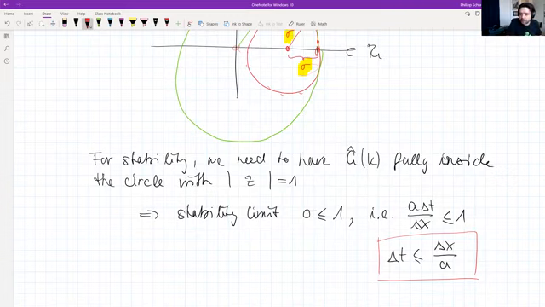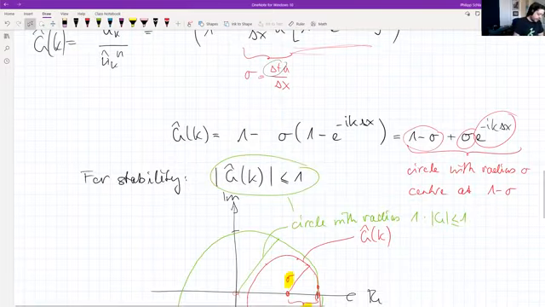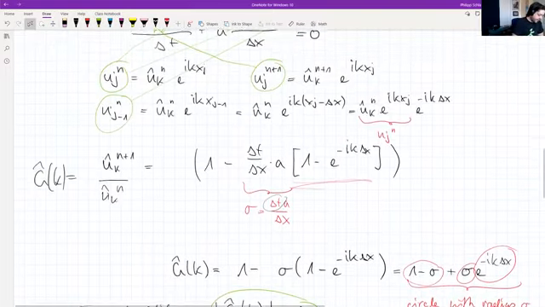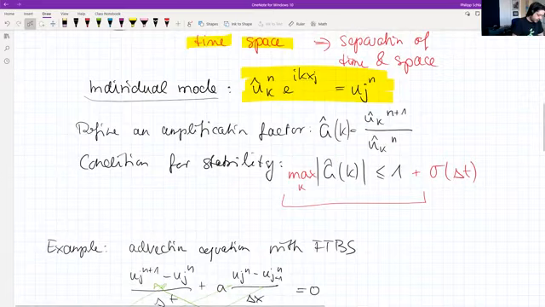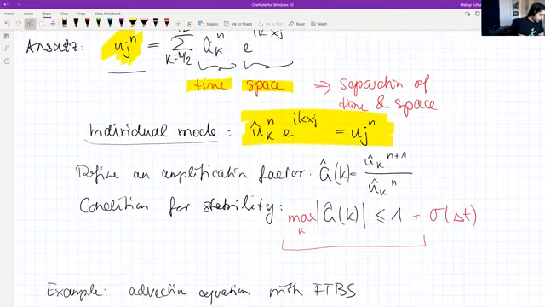Now there is a question in the chat. Can you please say the definition of the amplification factor again? Amplification factor is defined in terms of the error. Okay, so the definition of the amplification is given up here.